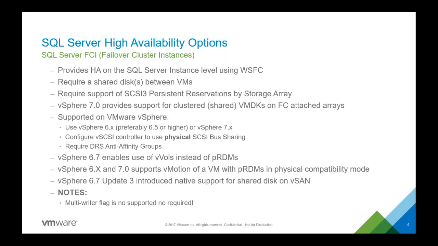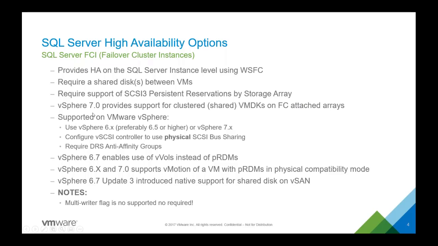You will just take a normal VMDK that you normally attach to your VM, and then you can share it between your VMs as if it were a physical RDM. It's a great thing that simplifies a lot of the management and operations of failover clusters on VMware. And that will help you a lot to migrate your existing failover clusters, if you have them, from physical RDMs, raw device mapped LUNs, to just VMDK.